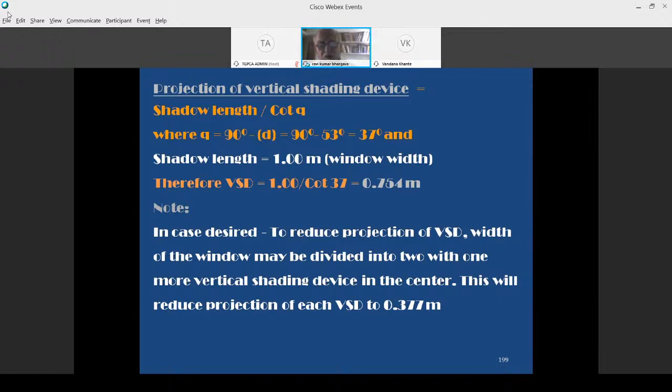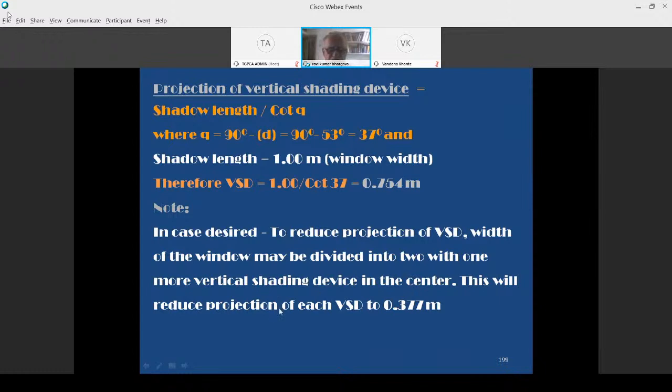If you want up to 5 o'clock, then you will have to calculate again separately for the western facade. Also, in case you decide to reduce the projection of the vertical shading device, the width of the window may be divided into two with one more vertical shading device in the center.